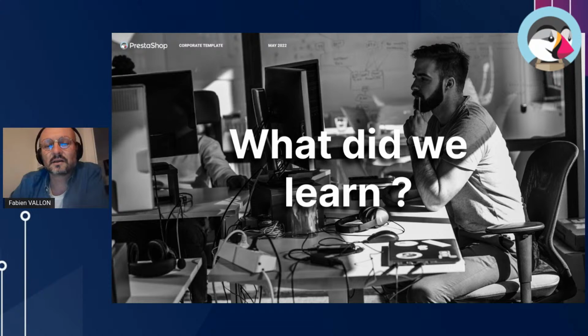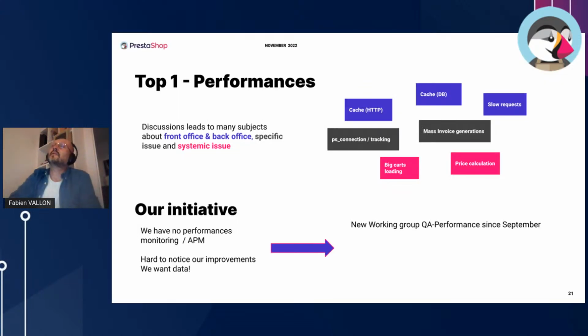What we learned is that the top one priority is performance, with many subjects, both from front office and back office, with some very specific issues like pagination, connection, tables too big, or some mass invoice generation with a lot of CPU workload. But we also have some very systemic issues like the HTTP cache or the database cache or some slow requests.